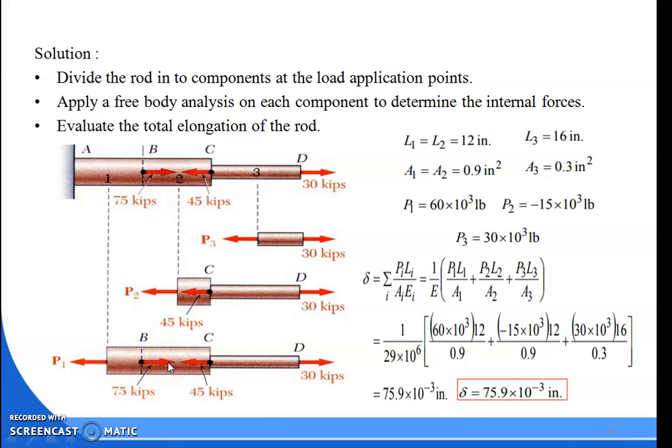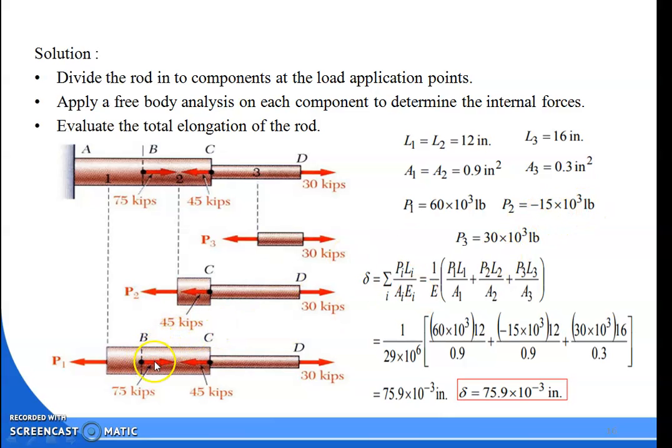So we can say that we have to add the P2 value, which is in the tension zone, and here also it is in the tension zone. So we just have to deduct 75 minus 15.